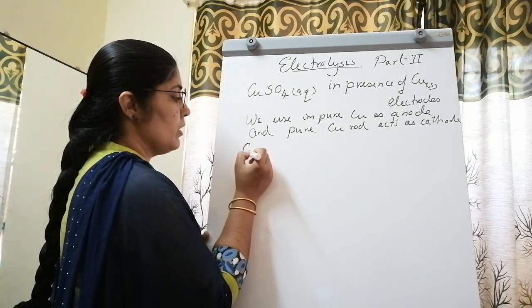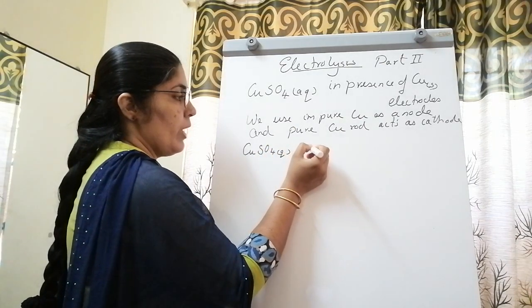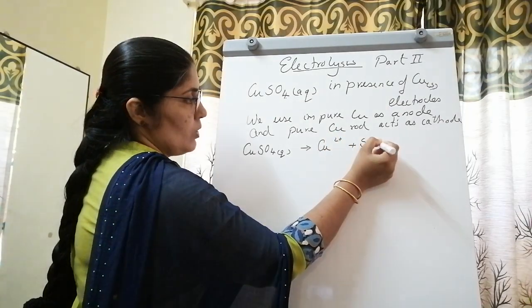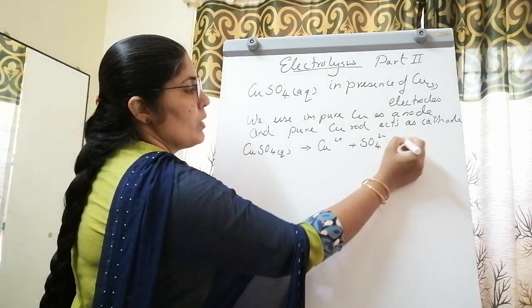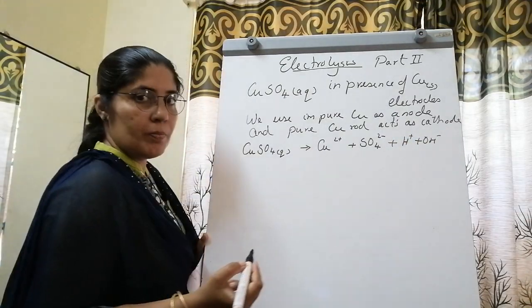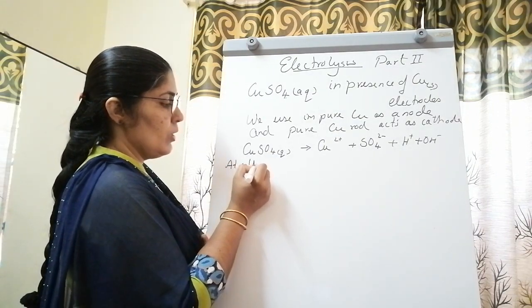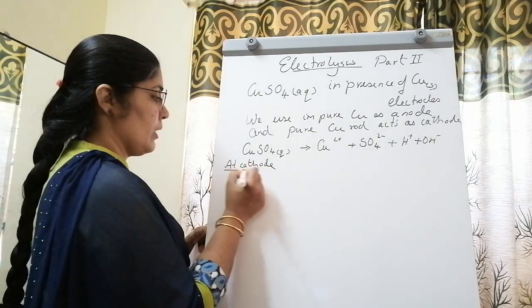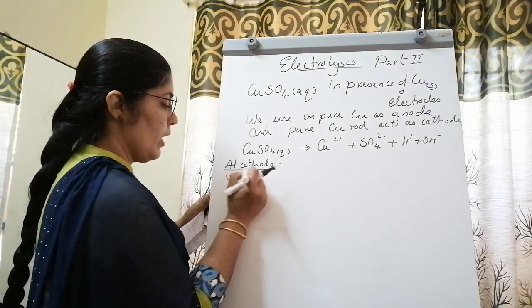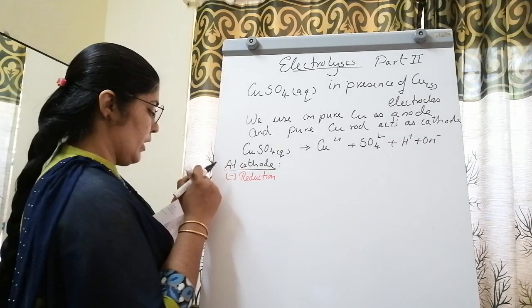Since we have taken aqueous copper sulfate, we will have the ions Cu2+, SO4 2-, H+ and OH-. Now for the reaction at the cathode, always remember that the sign at the cathode is negative, and here reduction will take place.